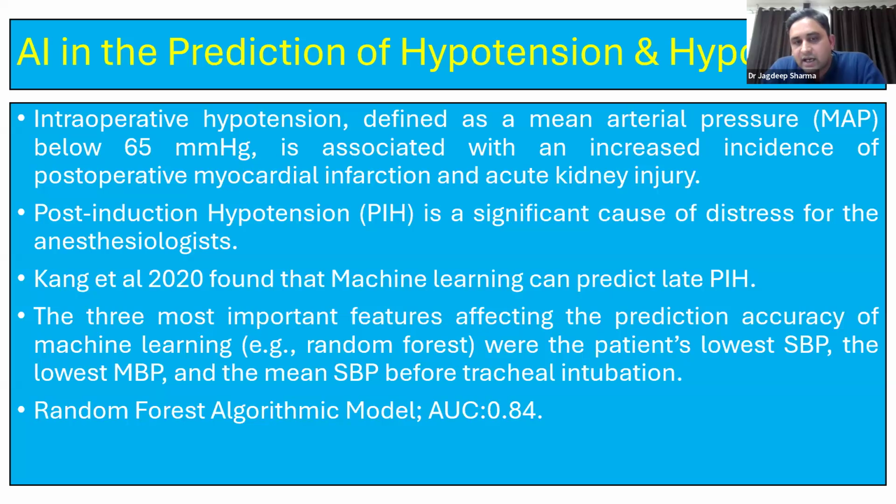Then this data went through a random forest algorithm, and the prediction had an area under the curve of 0.84. Whenever the area under the curve is more than 0.75, the test has good accuracy and is a reliable one.